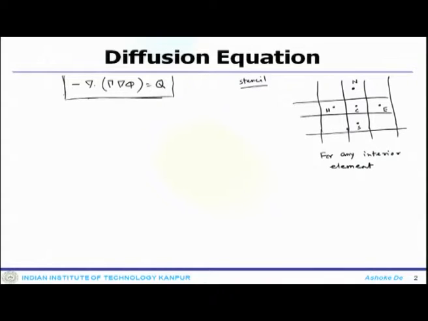So, what are the conventions? This is the face east, this is the face west, south and north. These are the surface vectors that are used in the derivation. So, this is SC, this is SN, this is SW, this is SS.